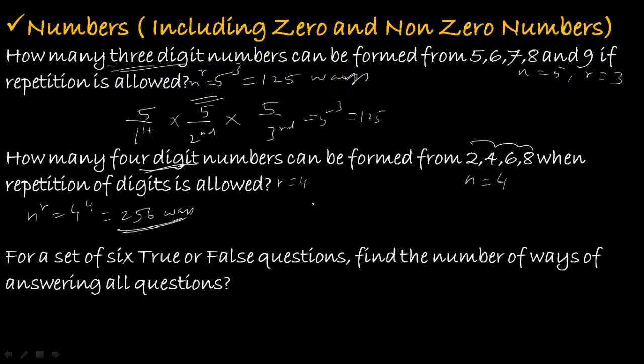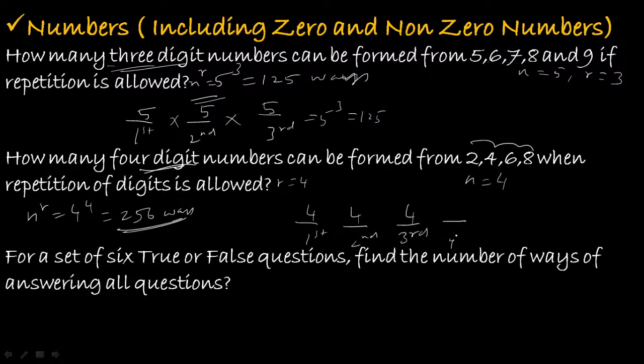As usual, I am going to explain the concept underlying this. You are going to form a 4-digit number. For the first digit you have 4 possibilities, either 2, 4, 6 or 8, so 4 different possibilities. For the second digit you have 4 choices, for the third digit also 4 choices, and for the fourth digit also 4 choices.